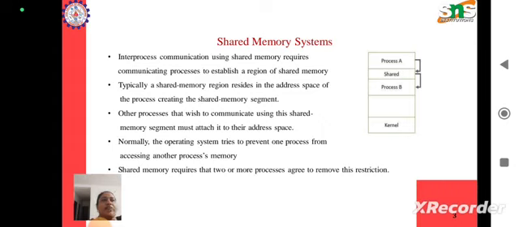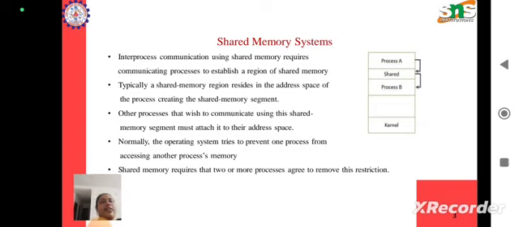That means the shared memory region is created by process A, which will initiate the communication, and process B must also attach this region of shared memory to its address space, so that we can say that this region is shared between process A and process B. That is what we mean by the third point.